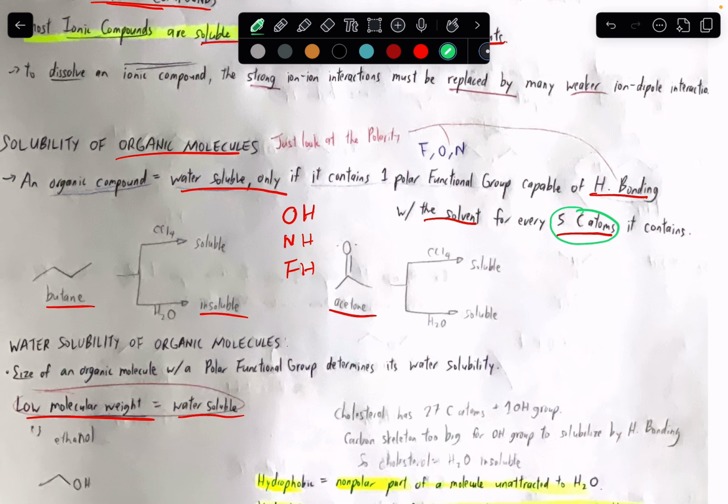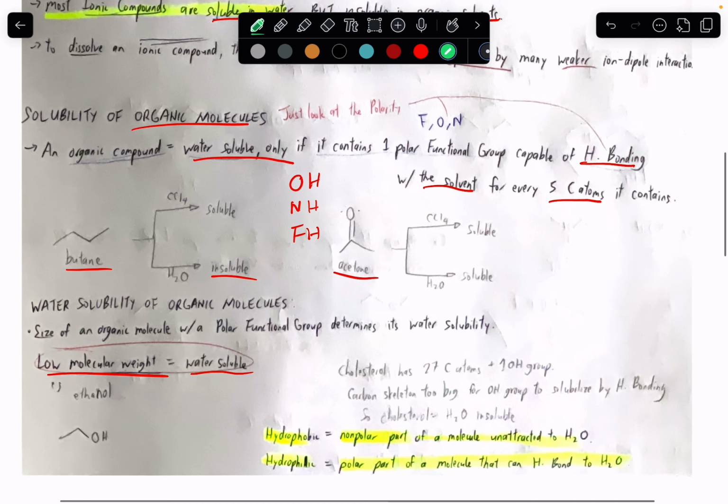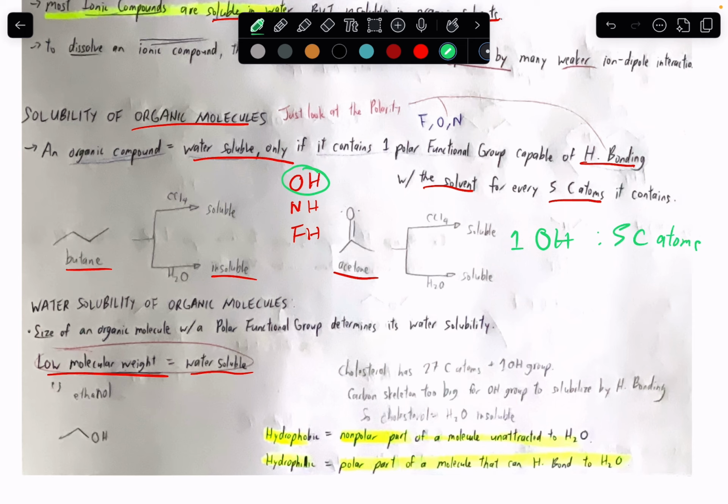Diba I said kanina, 5 carbon atoms, dapat less than 5 or equal to 5 lang. Kapag humigit ng 5 carbon atoms, and sabihin natin we only have just an alcohol group, the capacity is ma-overextend in a way. Para siyang ratio. So if we have one alcohol group, this can only cater to 5 carbon atoms. I hope that makes more sense. Kapag dalawa, edi 10 carbon atoms.